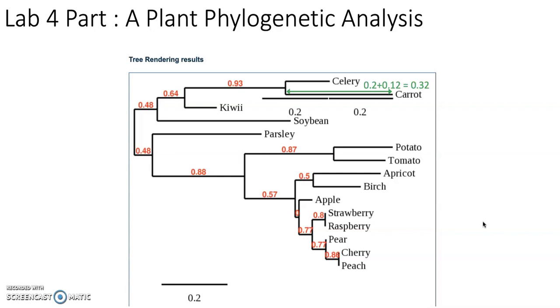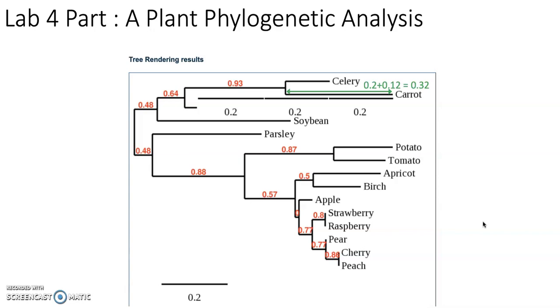If we want to know the amount of change since carrots diverged from kiwi, we would need to add at least one more scale bar. And then, even a little more. So the amount of change between carrot and kiwi is a little more than 0.6 changes per amino acid site. Carrots diverged further back in time from kiwi than carrots diverged from celery.